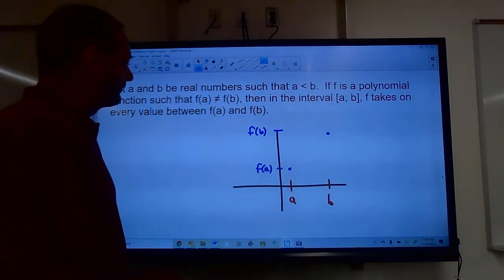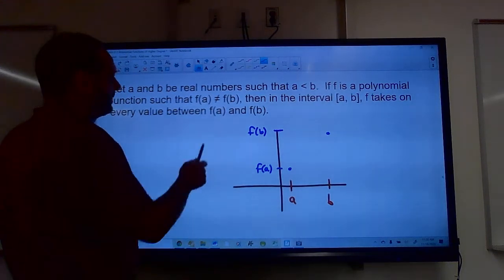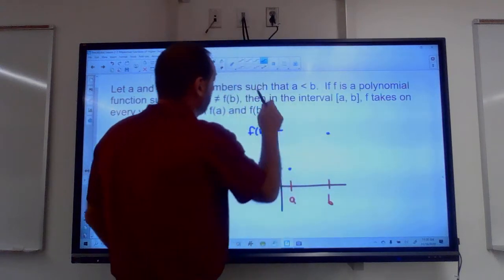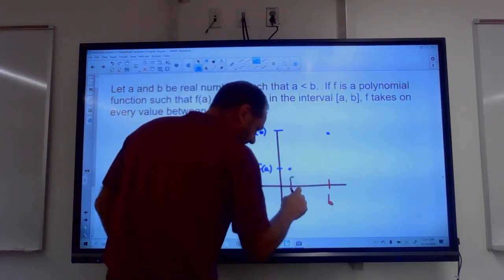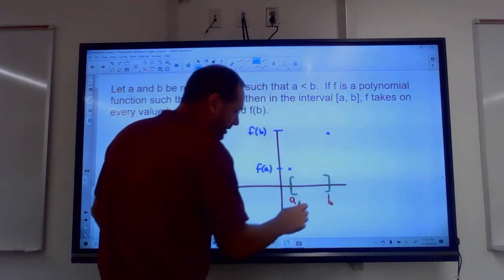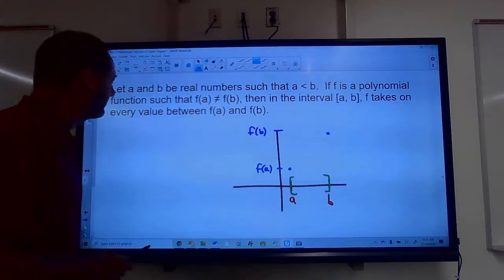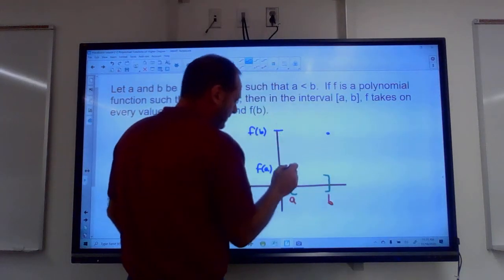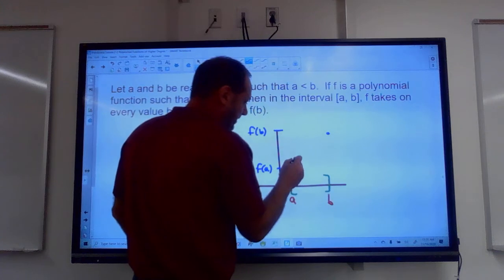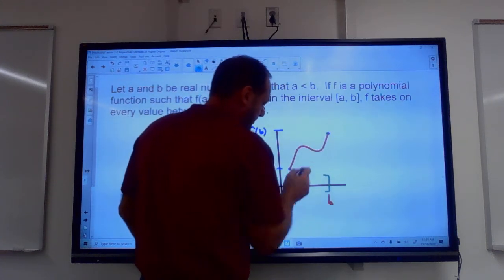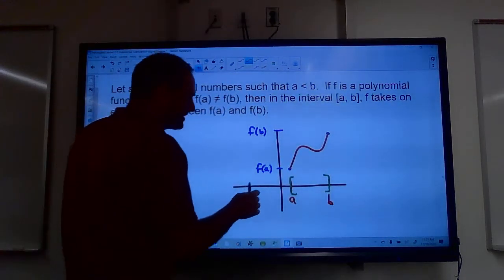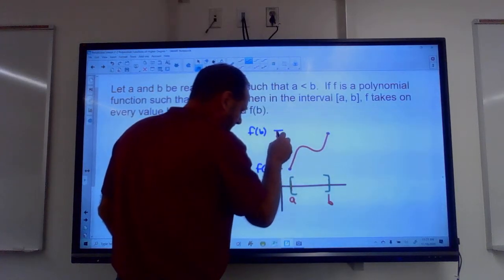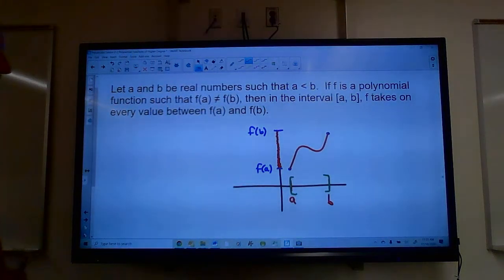Since f of A is not equal to f of B, then the interval A to B, from here to here, f takes on every value between f of A and f of B. I don't care what this does in between to get from there to there, but it's going to take on every value between f of A and f of B. That's what the intermediate value theorem says.